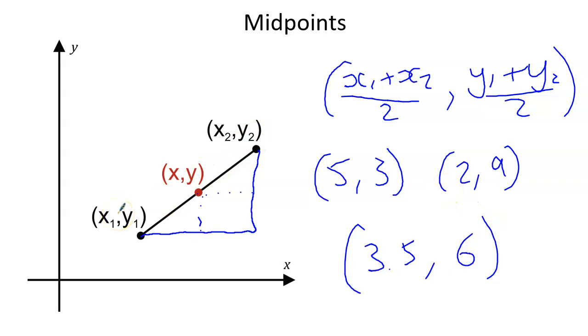Now what you can also get, sometimes they're a bit sneaky, and they'll tell you that this is 2, 3, and they'll tell you this is 5, 7, and they'll actually say, okay, well, if that's that point and here's the midpoint, what's the other end of the line? And because this is halfway, whatever distance you've moved there, we just want to move the same amount again.